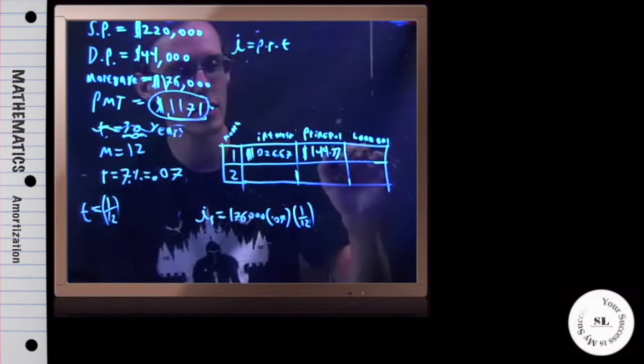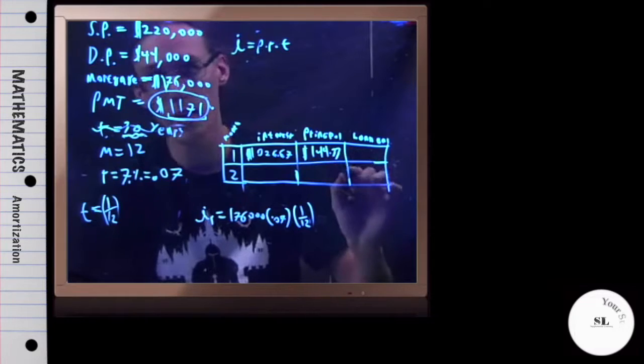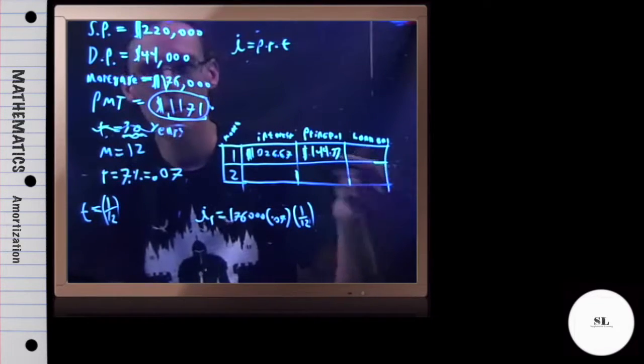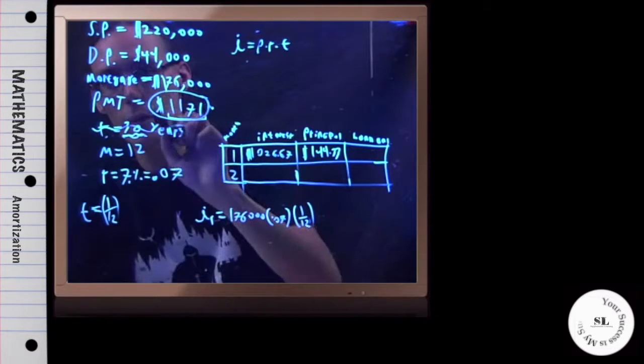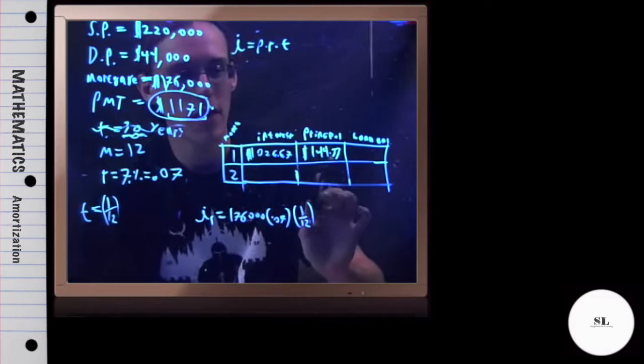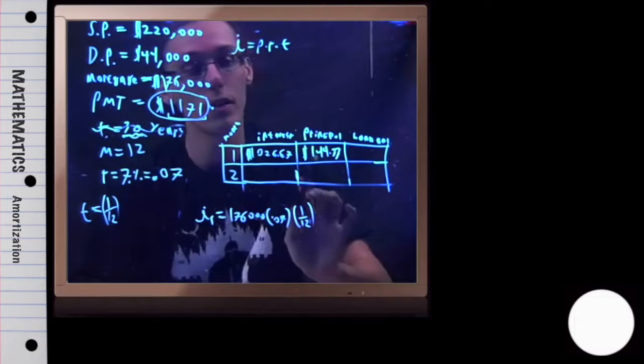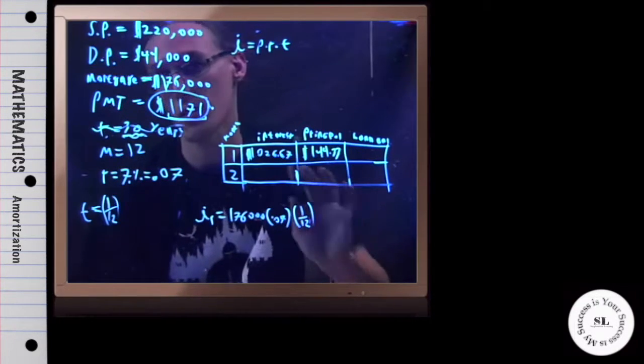How much of the mortgage is left, or what's the loan balance now? Well, the amount left is going to be our original mortgage minus, unfortunately, not the whole payment we made, but just minus the amount that actually went towards the mortgage, which is this $144.33.